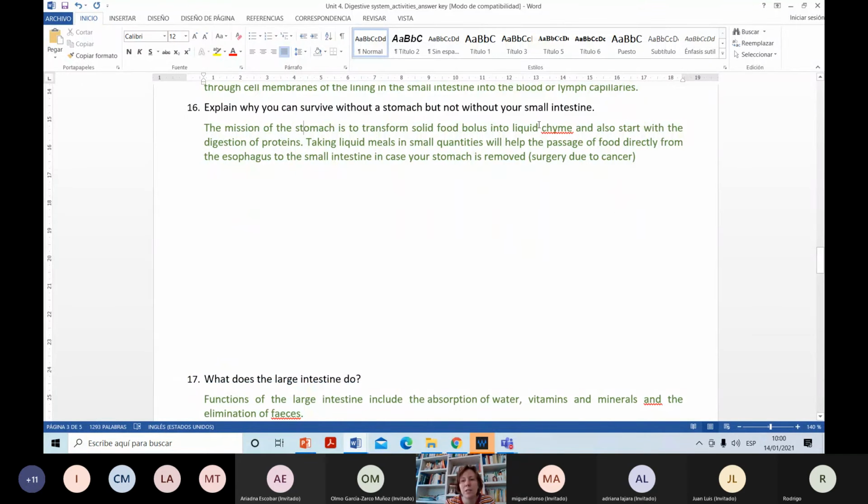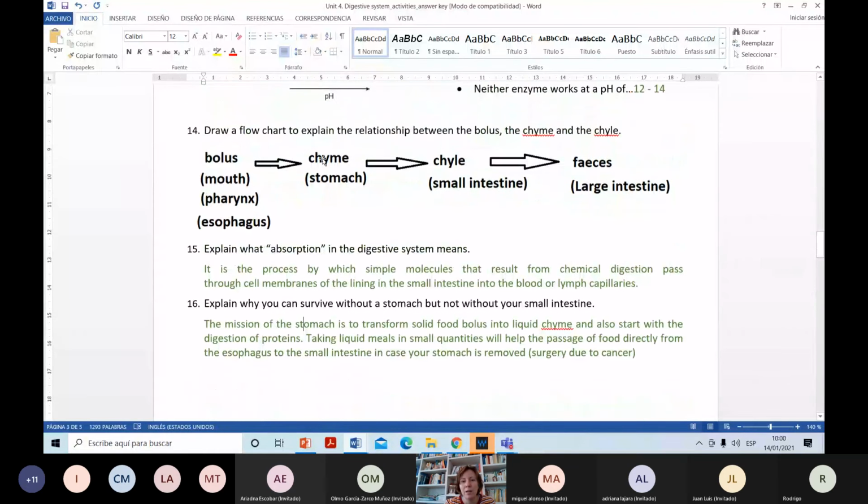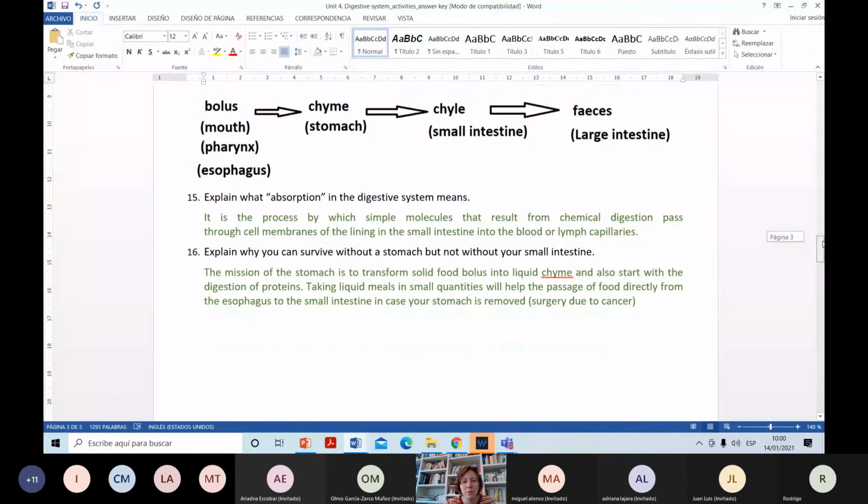So as long as you eat something similar to the chyme, this chyme could go to the small intestine to be transformed into chyle, which is the next one. Okay, remember this very important diagram. Chyme, chyle, feces. Very important.